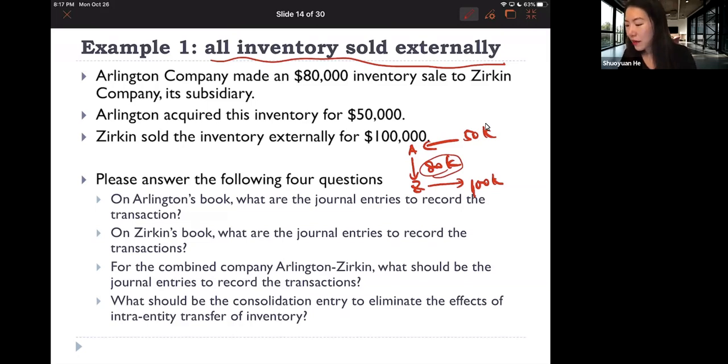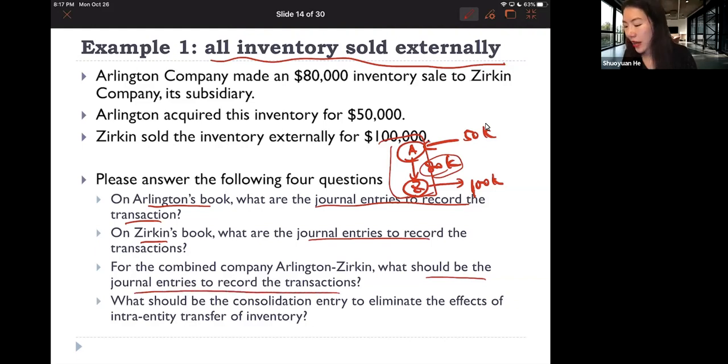Please take 15 minutes and try to work on this example. Answer these four questions. The first one is, because both Arlington and Zirkin are individual firms, what should be the journal entries on each book? Then, viewing them as one firm, what should be the journal entry to record the transaction?